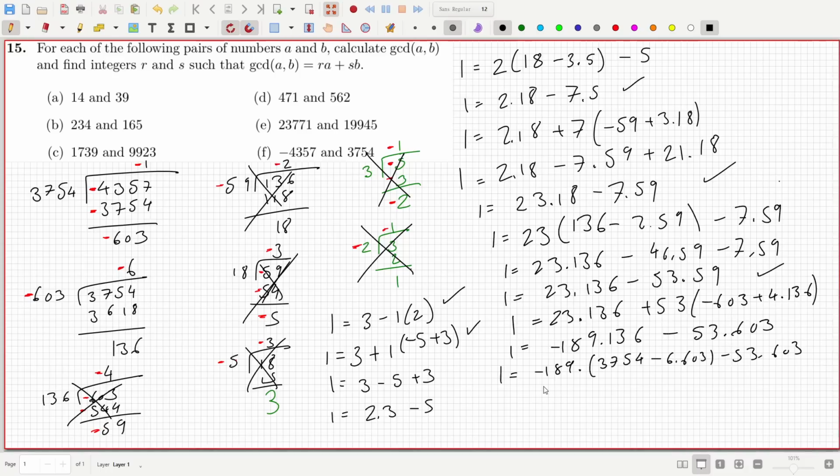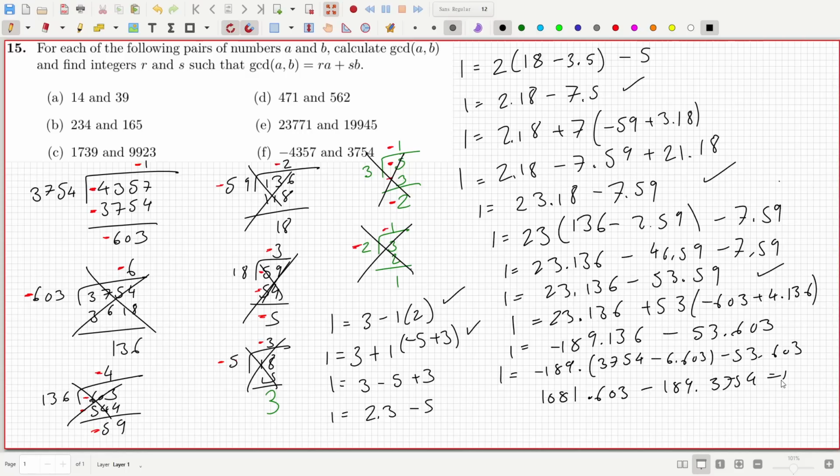So let me see now. Okay, how many 603s do I have? Minus 189 times minus 6 minus 53. So that is 1081 times 603 minus 189 times 3754 equals 1.